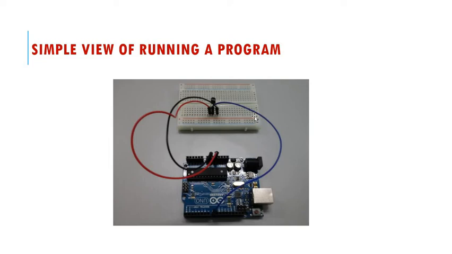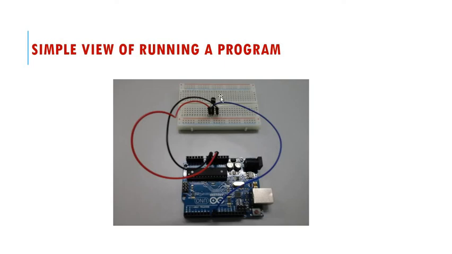Here you have a sensor, a room temperature sensor, and an Arduino board as a microcontroller. Of course you also need a computer, so you develop a program by using the computer. Then you download the program onto the Arduino board, this is the IC, and the Arduino board will be connected to the sensor.